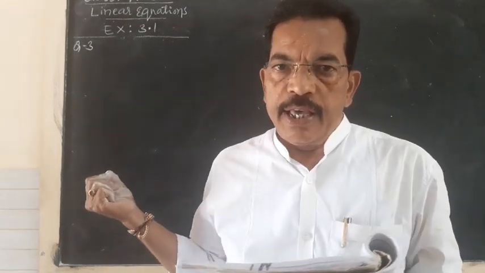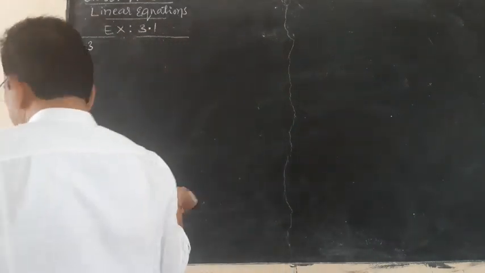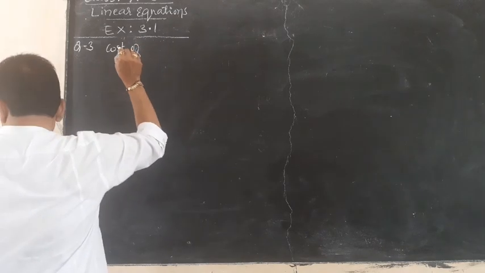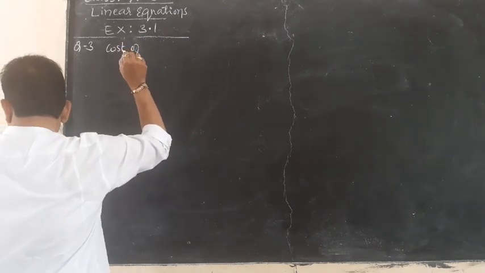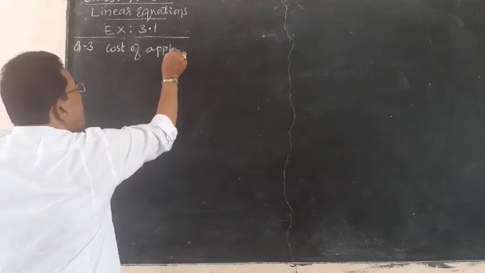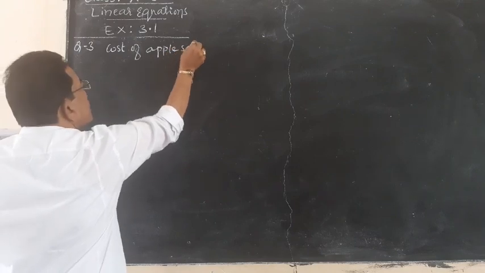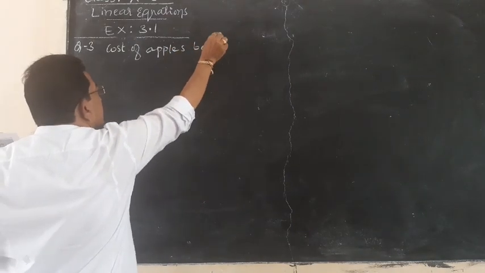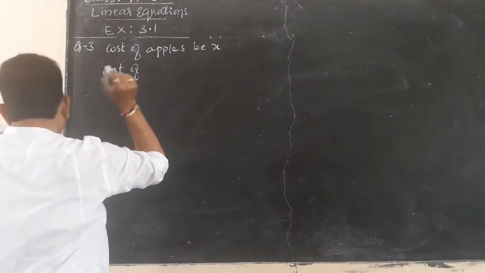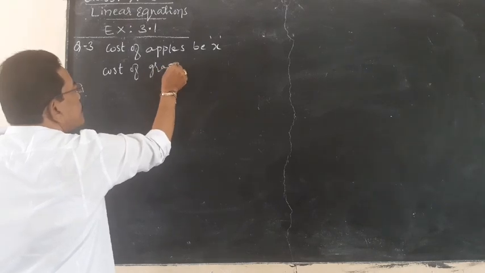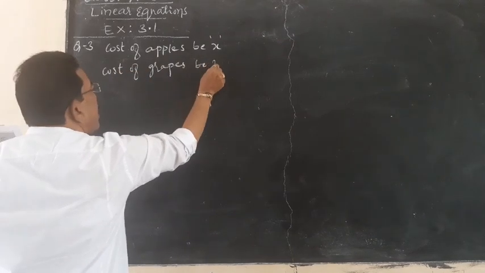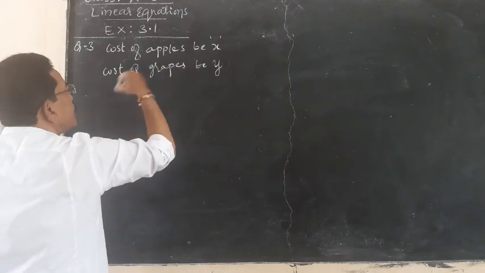As a method, let us take the cost of apples x, cost of grapes y, that is per kg.